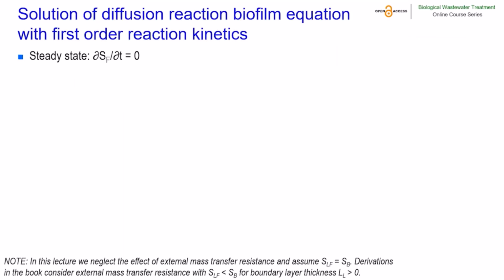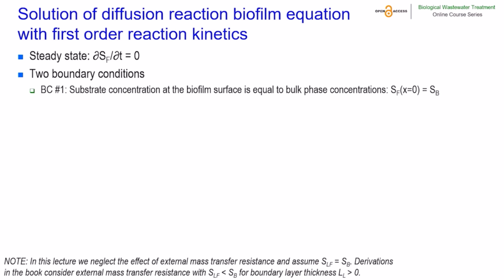We assume steady state. We then have a second-order differential equation. To solve this second-order differential equation, we need two boundary conditions. Boundary condition number one: the substrate concentration at the surface of the biofilm, x equal to 0, is equal to the bulk phase substrate concentration. Boundary condition number two: the substrate gradient at the base of the biofilm, thus at x equal to LF, must be 0.